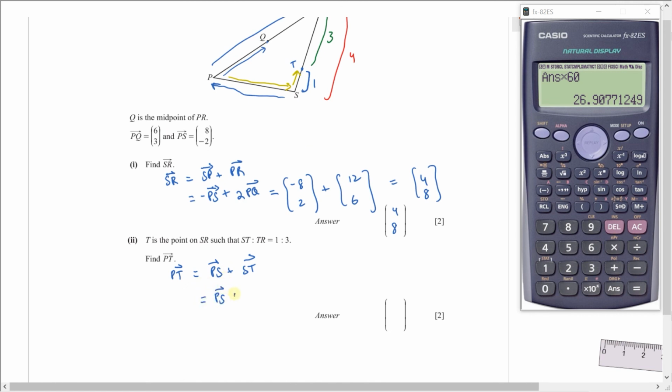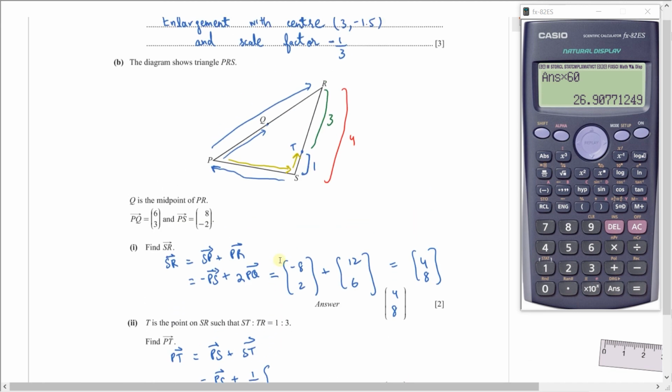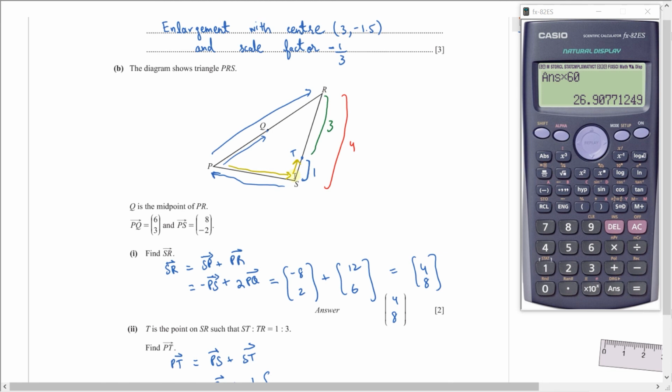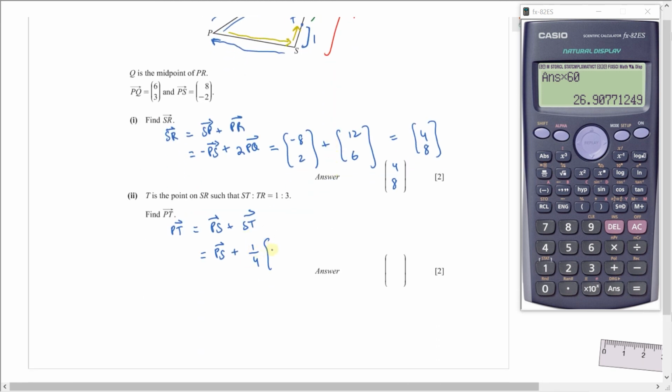So PS plus ST is 1/4 of this full length SR, because this is 1:3, so full length is 4. Now let's substitute the values.